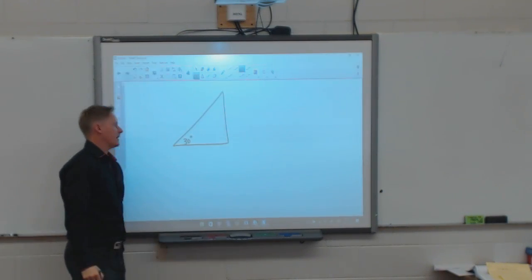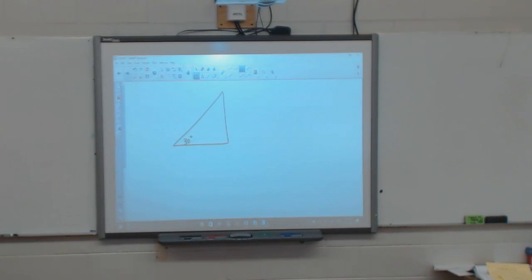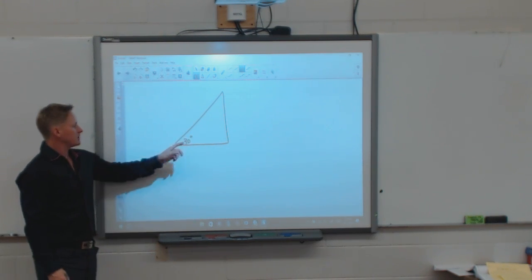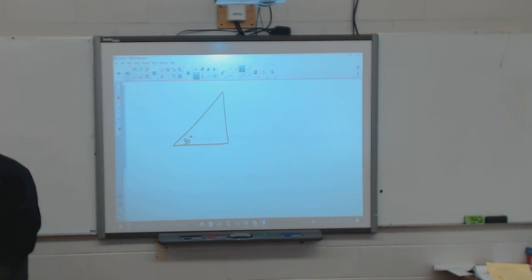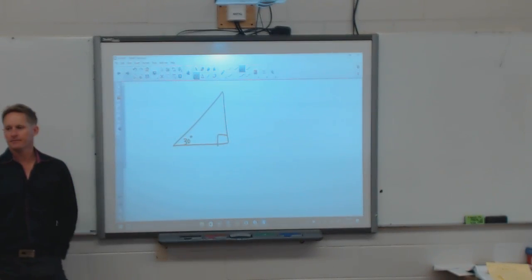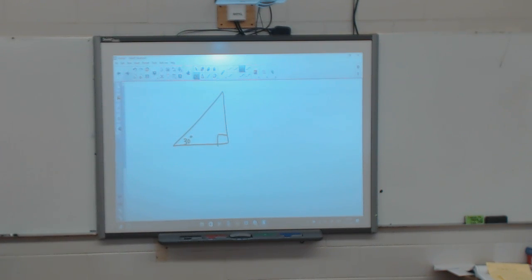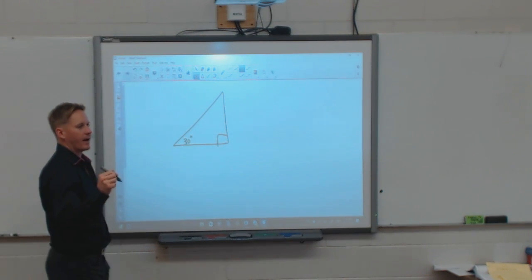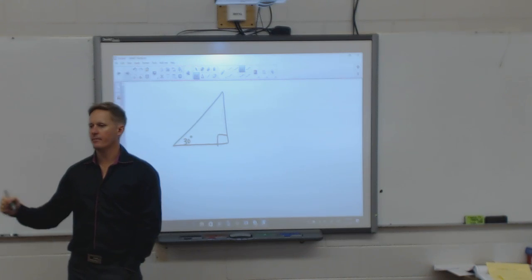This is the one that we always had to remember last year, and basically from grade 10 on. If I'm talking about 30 degrees in a right triangle, what is the sine of 30 degrees? This is the one you were told you absolutely at all times had to remember.